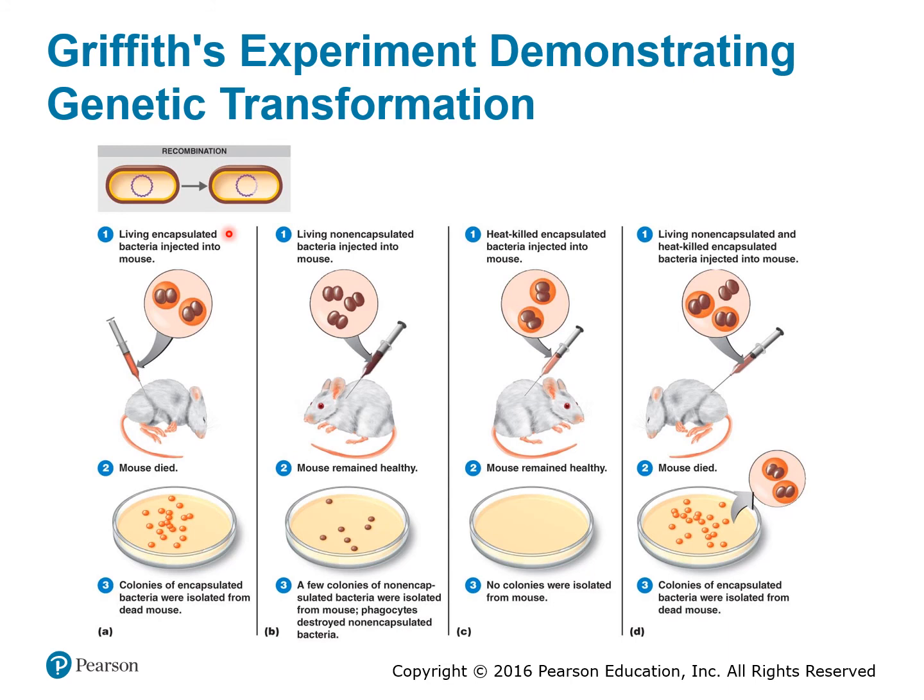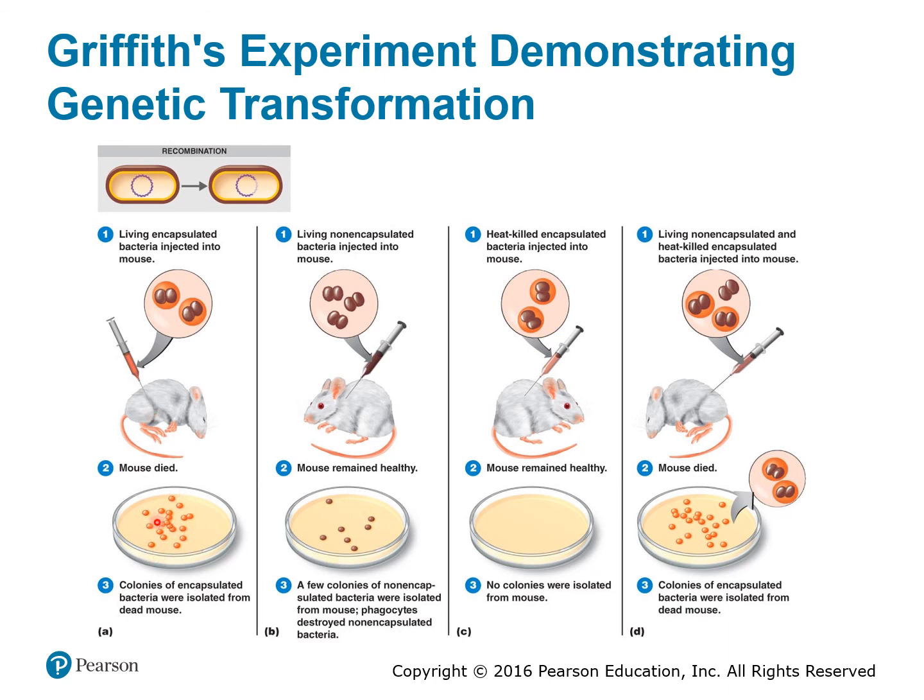So what he did was he took some encapsulated Streptococcus pneumonia bacteria, and he injected those live encapsulated bacteria into a mouse. The mouse did get infected, and eventually the mouse died.